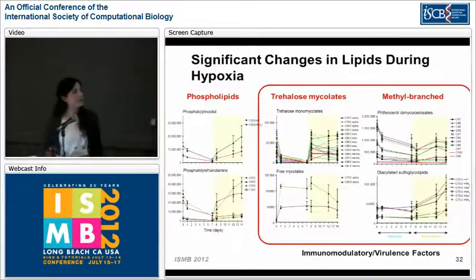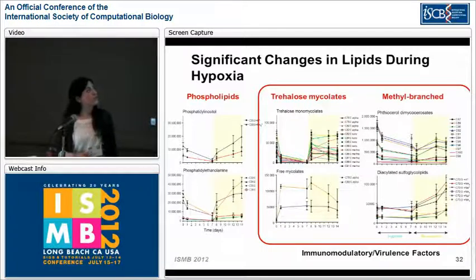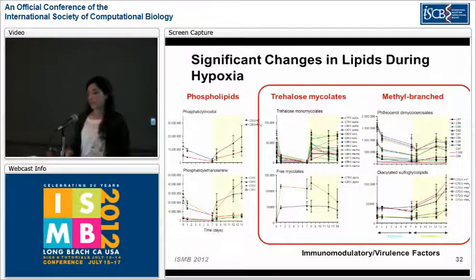Our lipidomics data also confirms the significant changes in lipids as well as glycolipids. And these are actually important immunomodulatory factors in the mycobacterial cell wall.